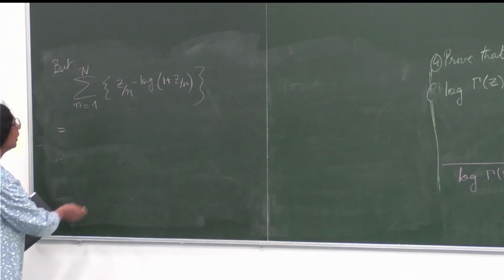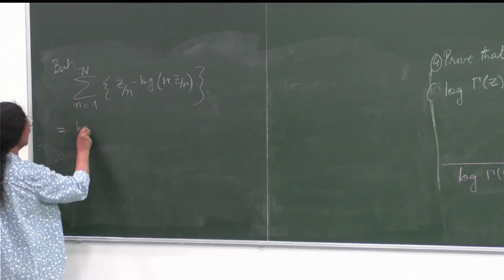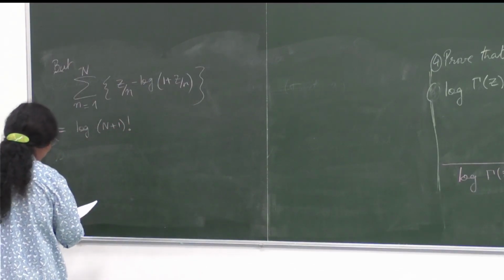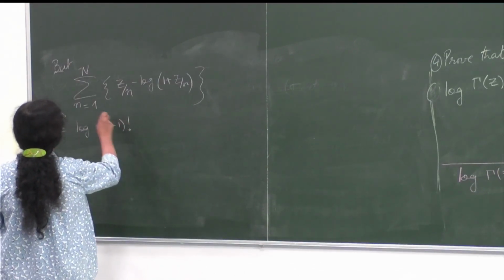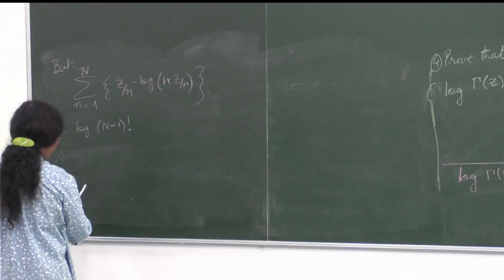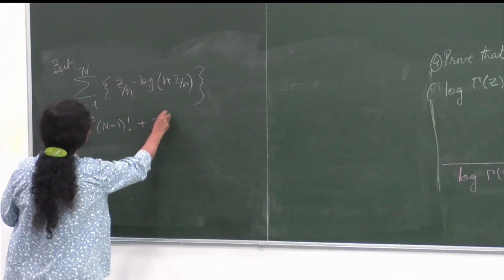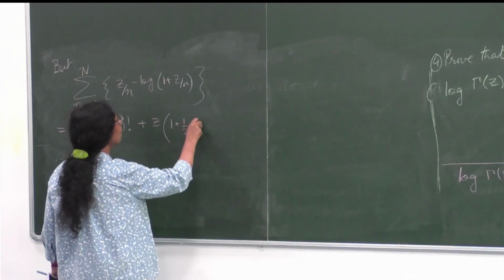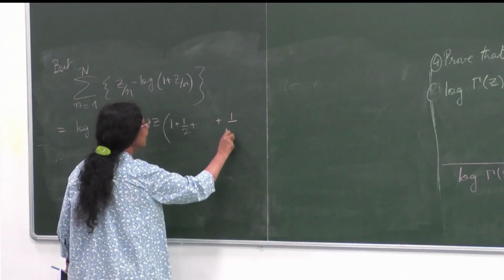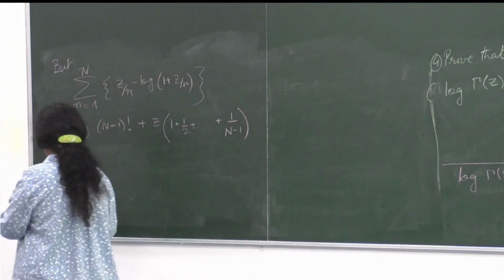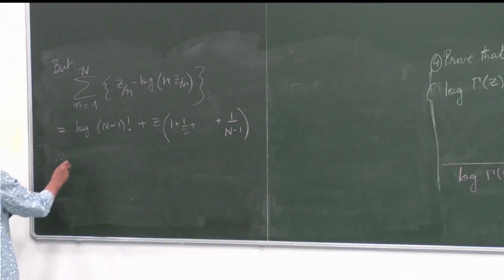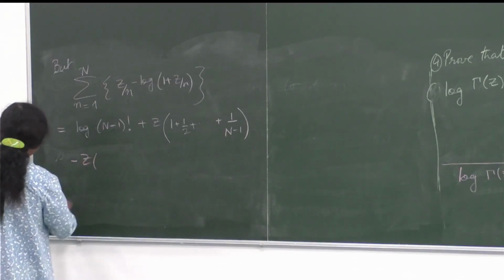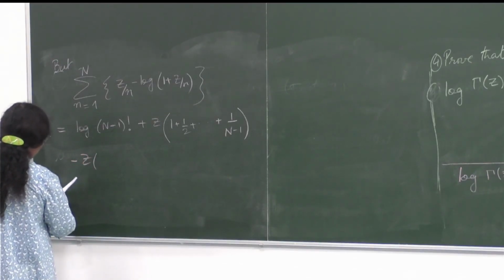One of the logs that will come will be n plus 1 factorial. No, n minus 1 factorial, because I won't go up to factorial n, plus little z, and then you have 1 plus half plus so on, but I end here at 1 upon n minus 1, minus z times 1.